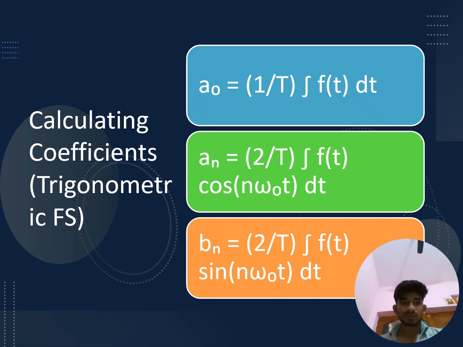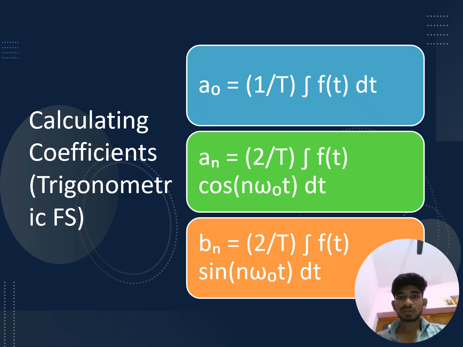Calculating coefficients. The coefficients are found using integration over one period of the function. A naught represents the average value, that means the DC component. A n and b n represent the amplitudes of the cosine and sine components at different frequencies. By calculating these we can reconstruct the original signal accurately.